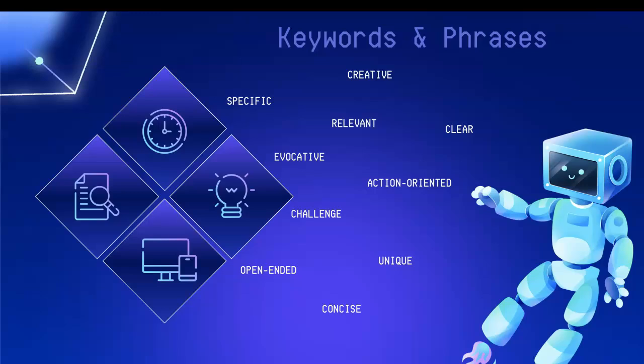Looking at the challenge, it should challenge AI, forcing it to think outside the box and provide a unique response. It should be open-ended, allowing it again to explore different ideas and concepts. It should be concise, to the point.